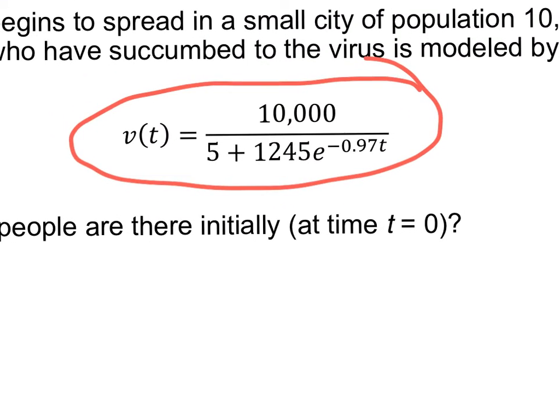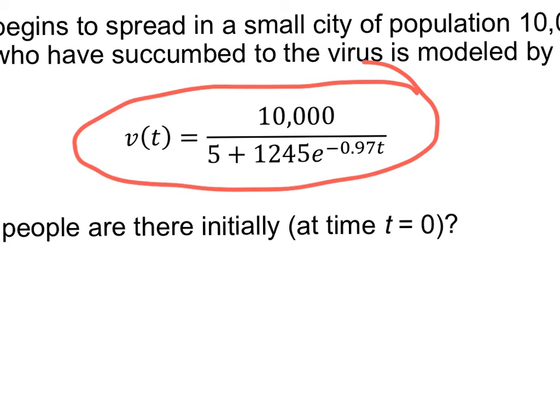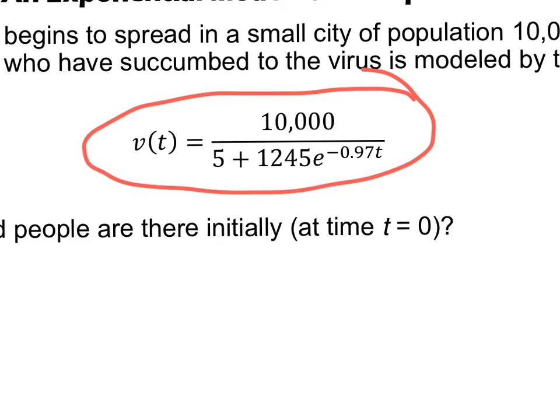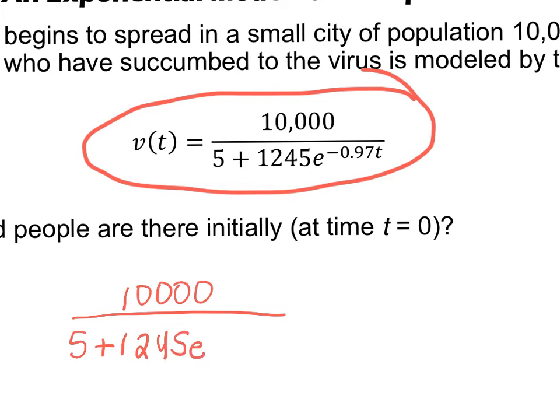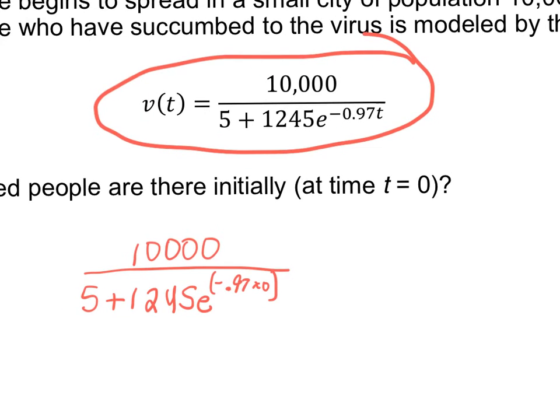Where in this equation do they want me to plug in a 0? For the t. So your problem looks like this. Divided by 5 plus 1245e to the negative 0.97 times 0. Okay?